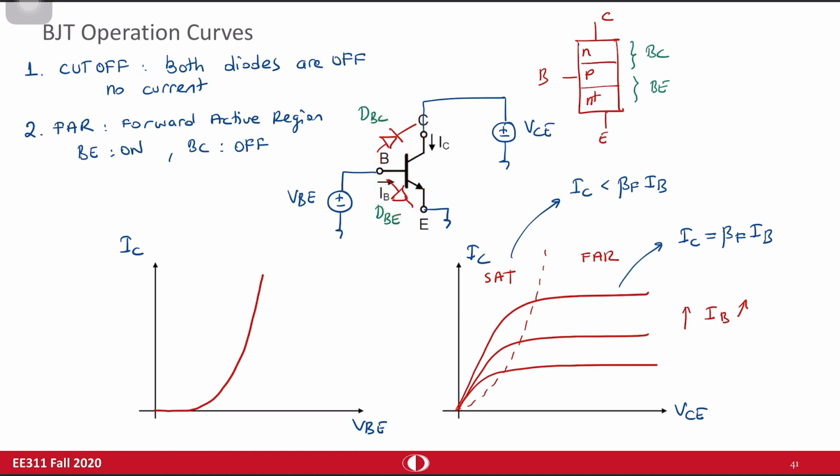The current is passing through this one. In that case, what happens is IC can be given as beta F times I base, and I emitter is equal to beta F plus 1 times I base.